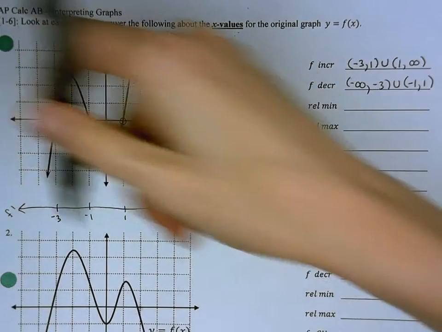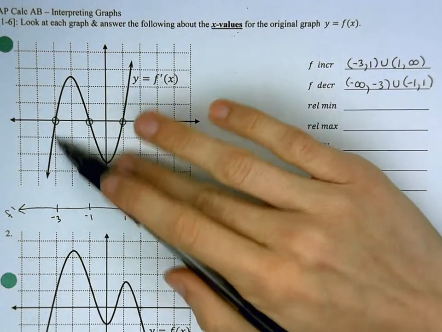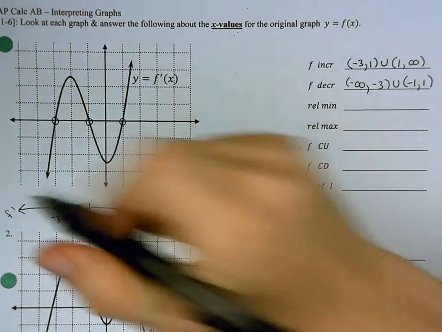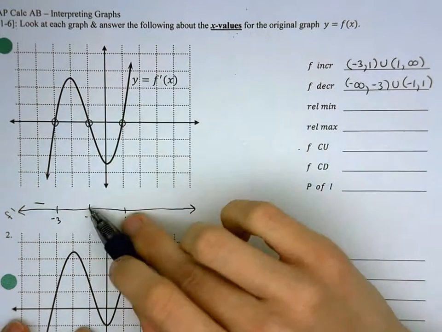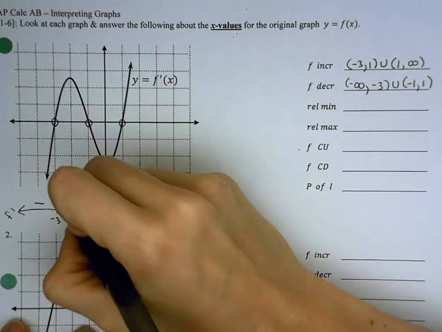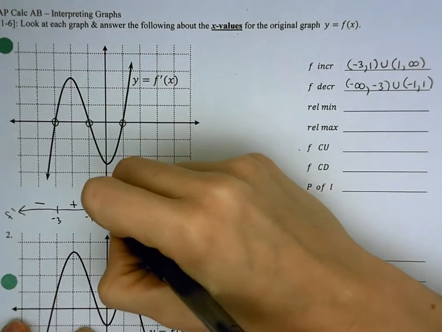What's my sign of f prime? Well, on this side of -3, right, left of -3, my f prime is below the x-axis, and so my f prime is negative. Right? Between -3 and -1, my f prime's above the x-axis, so it's positive. Between -1 and 1, it's below the x-axis, so it's negative.